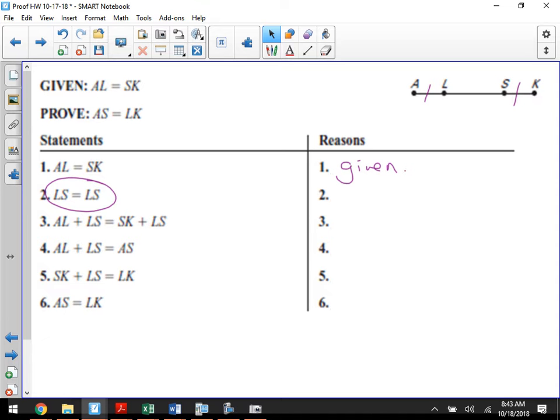The reason why they have to do this is because when you look at the diagram, if I say LS is equal to itself, I can do that. It's equal to itself.